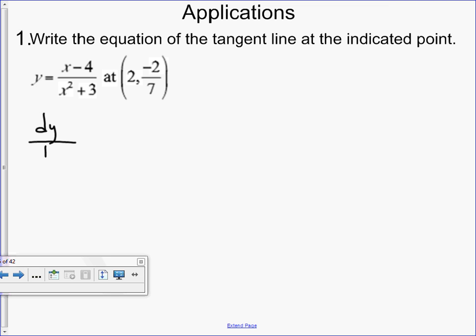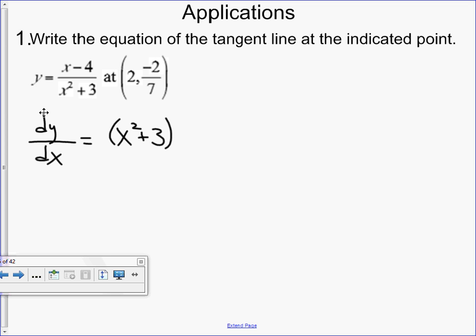It's a quotient, so what should we use to get the derivative? Quotient rule, right? Low d high. Where do we start? Start low. So low, we're going to write down the x squared plus 3.